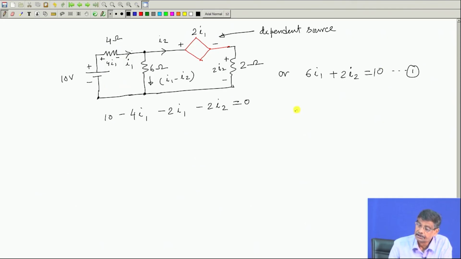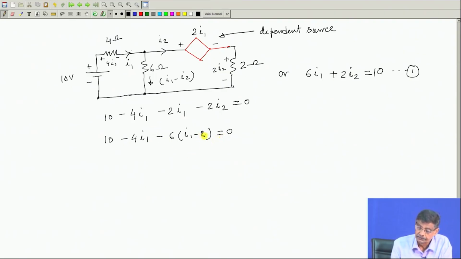What will be the KVL equation in this loop? So, this will be once again 10 volt minus 4 I 1, then I come here, this will be minus 6 I 1 minus I 2, and you reach this point, and this is equal to 0.